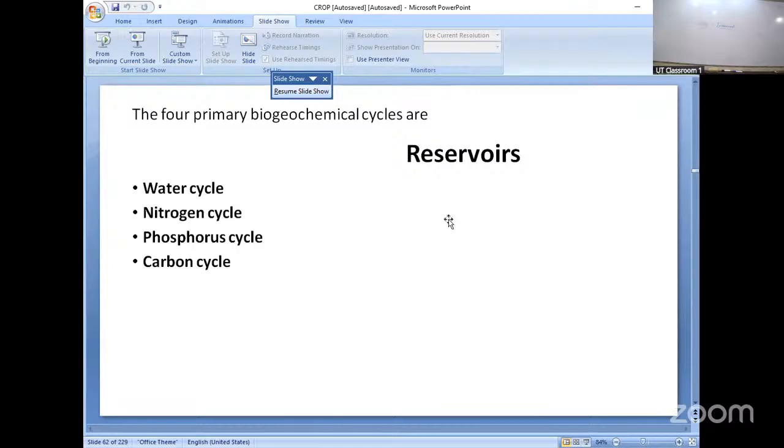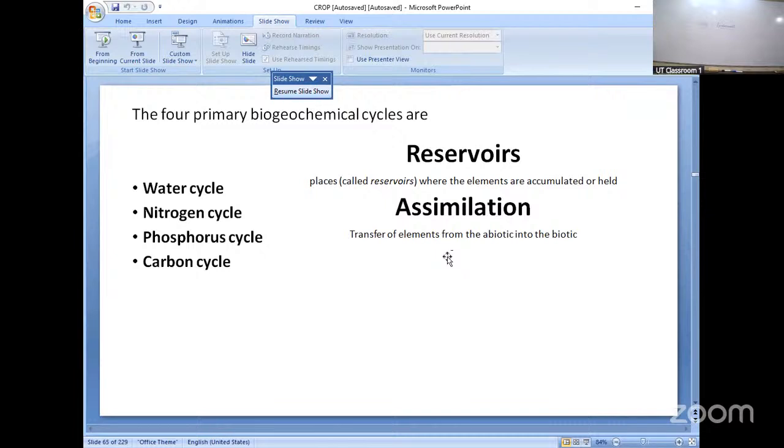The terms we'll discuss are: reservoir, the places where the elements are accumulated; assimilation, the transfer of elements from the abiotic into the biotic; and release, the transfer of elements from the biotic back to the abiotic. These 3 points we will majorly discuss.